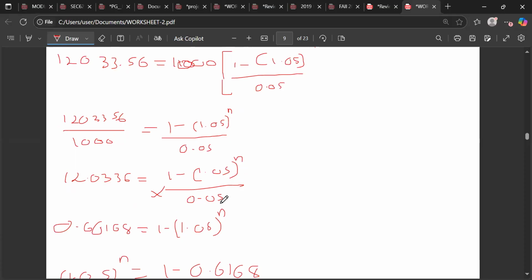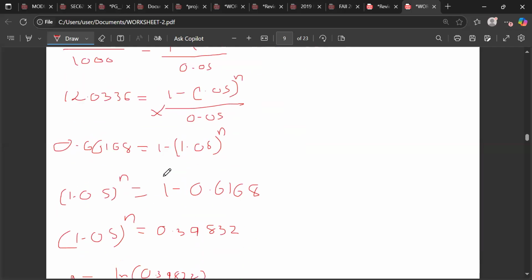But then there's a fraction here. The fraction covers everything, so we just cross multiply to get rid of the fraction. So now when you cross multiply, it's going to be 12.0336 times 0.05 will be equal to 1 minus 1.05 to the power n here.